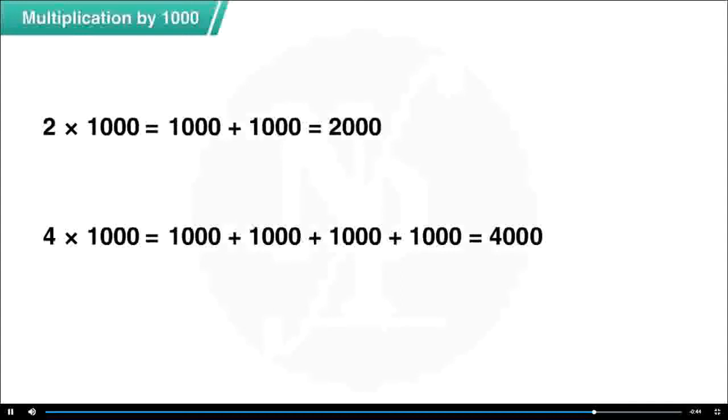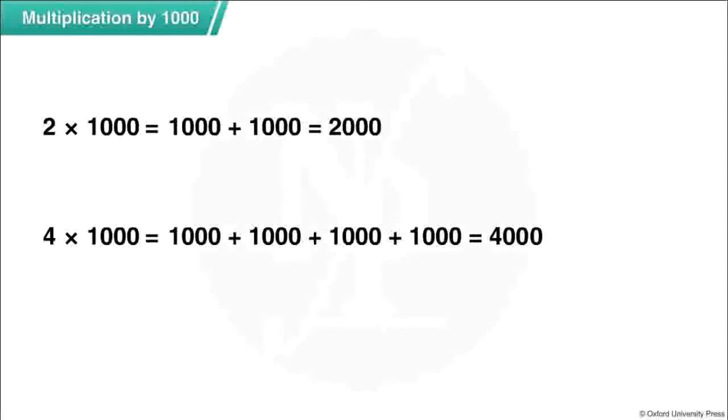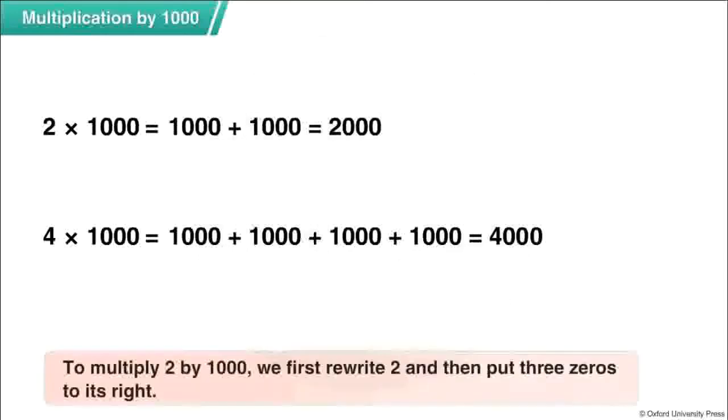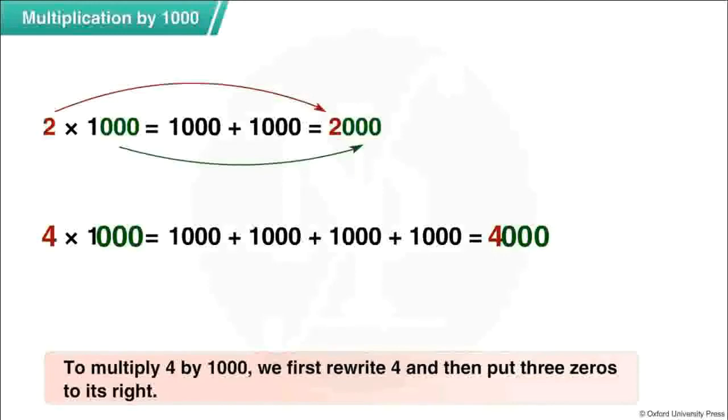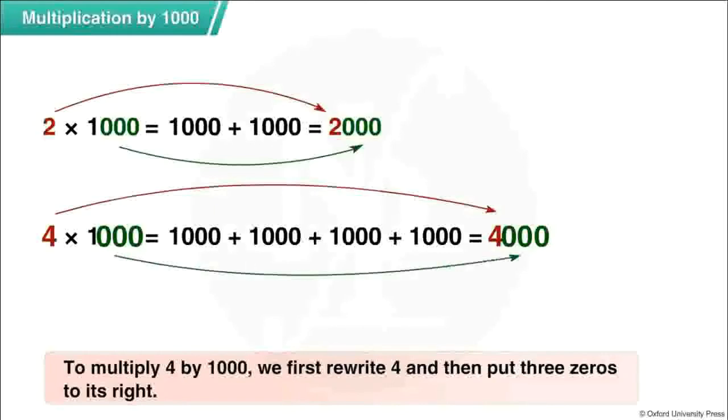Now let us see how we can quickly multiply a number by 1000. For example, to multiply 2 by 1000, we first rewrite 2 and then put 3 zeros to its right. To multiply 4 by 1000, we first rewrite 4 and then put 3 zeros to its right.